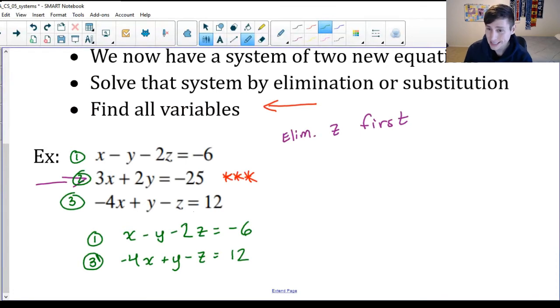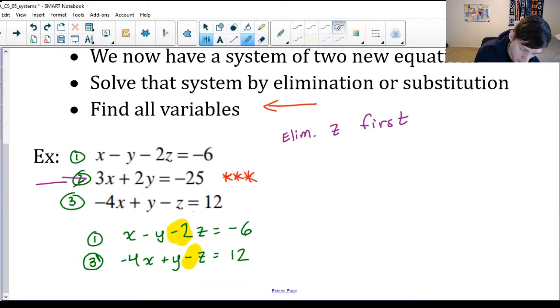I want to eliminate z, so I need coefficients that are the same number, just one positive and one negative. For z specifically, I don't care about what the x coefficients are. I don't care about what the y coefficients are. So right now my coefficients are -2 and -1. That's not too bad.